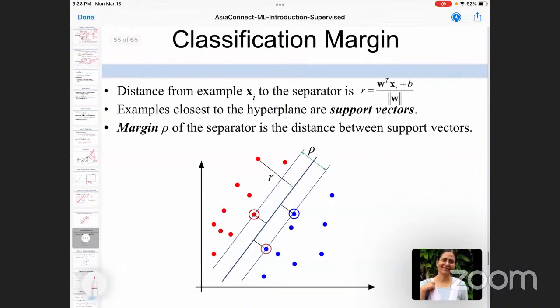So what is the best line? For example, if you look at this example, there are many separating lines, but we are saying that this is the best line, because we want to find a line that has the maximum distance from its closest points, which we call support vectors.